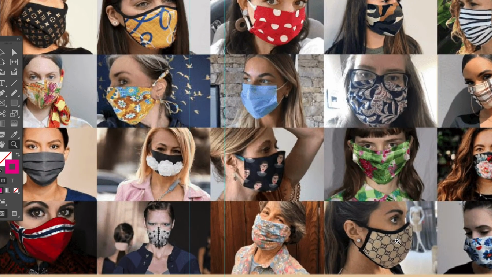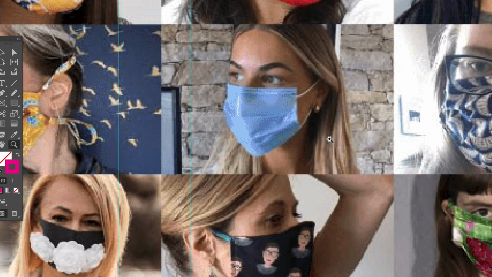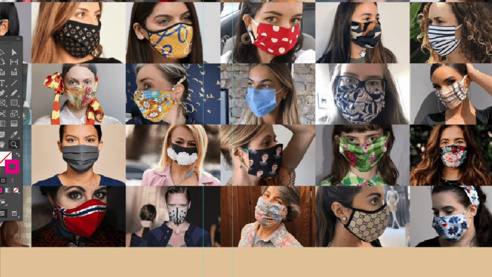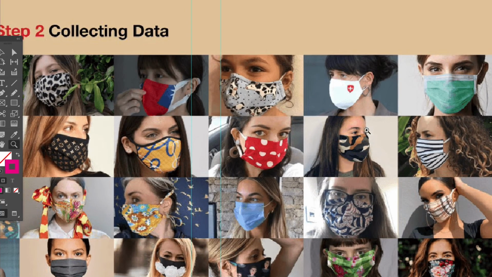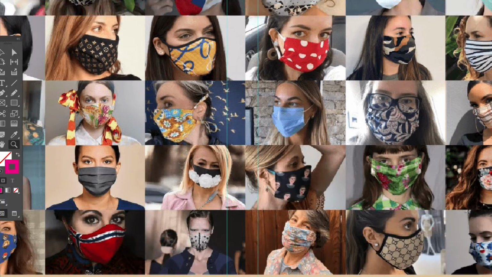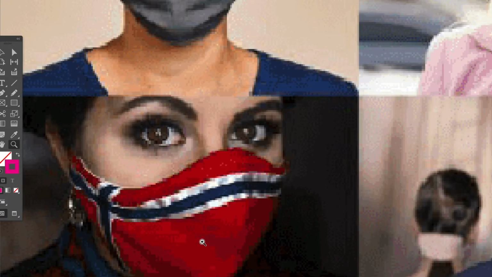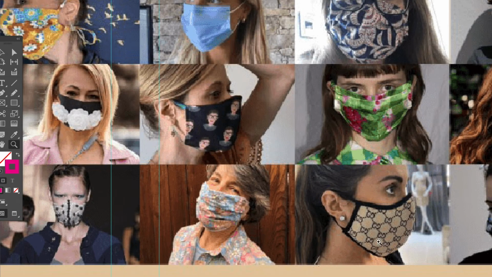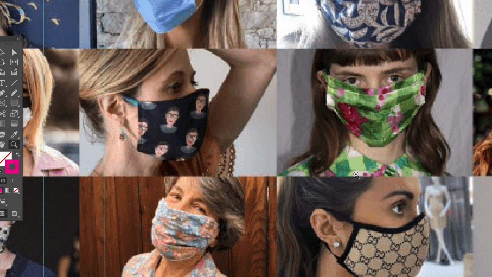So here you can clearly see some masks are medical masks, some have a little fancier design, some represent some kind of organization or are country flag driven, and a few of them have high fashion brands. And if you see, there's a lot of coordination between her dress and mask.